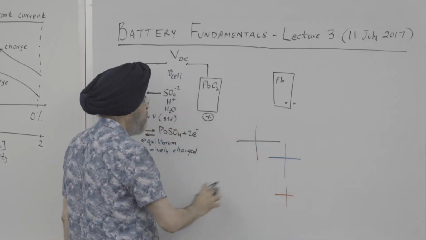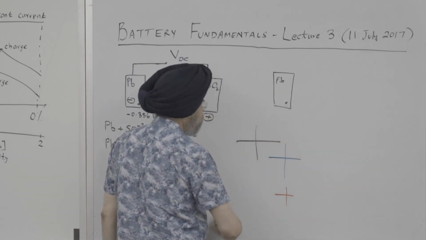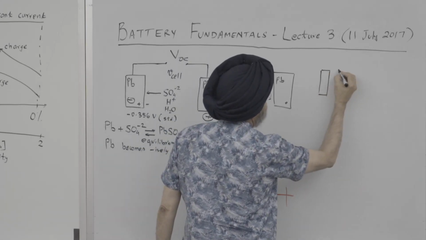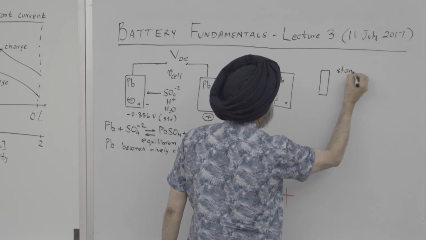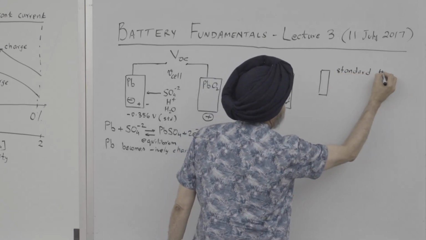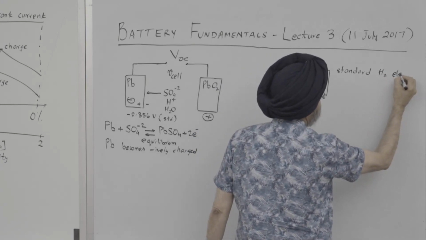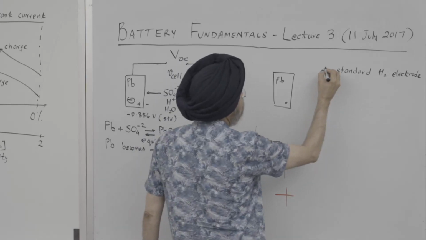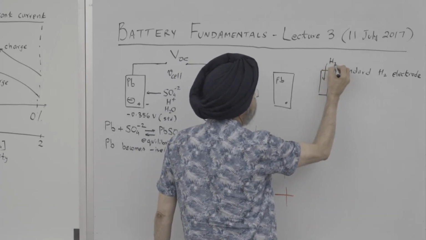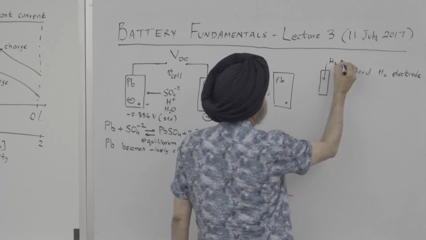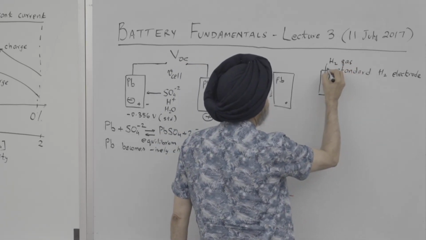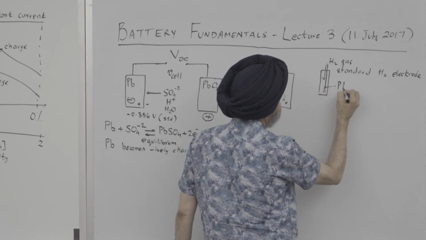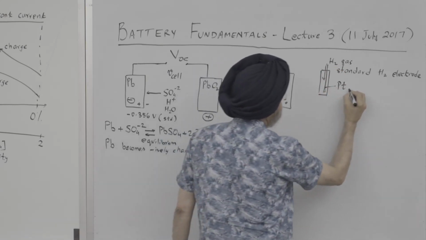So what we do for that is we use what we call standard hydrogen electrode. So essentially what we do is we bubble hydrogen gas, and our actual piece of metal is platinum. So platinum is inert.